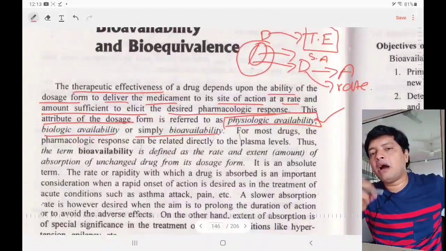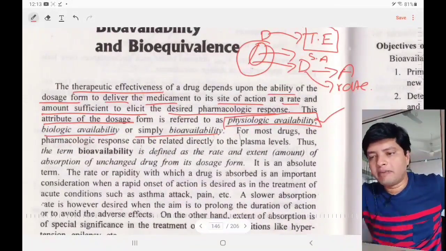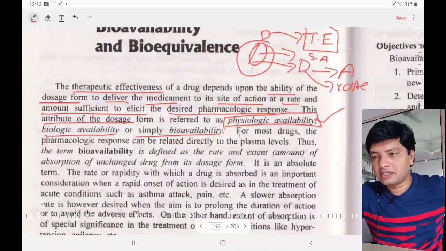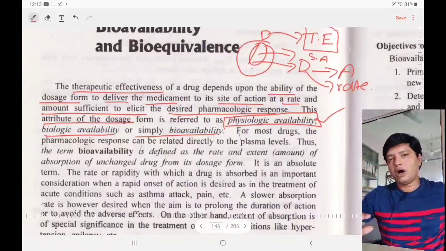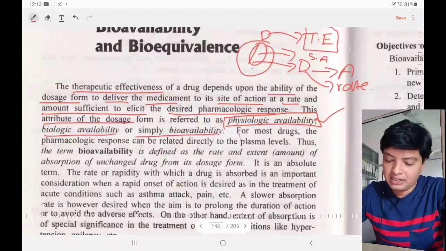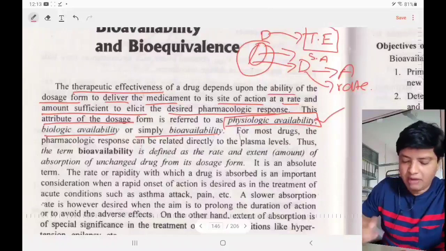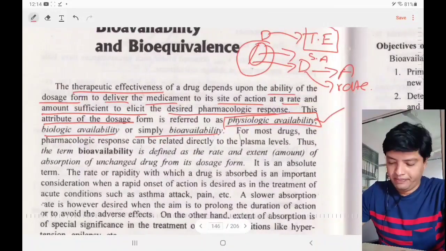So this ability of a tablet to show the action, in between what all we have, the rate of release and the amount of drug released, all these tablet attributes or dosage form attributes together, we call it physiological availability, biological availability, or simply bioavailability.